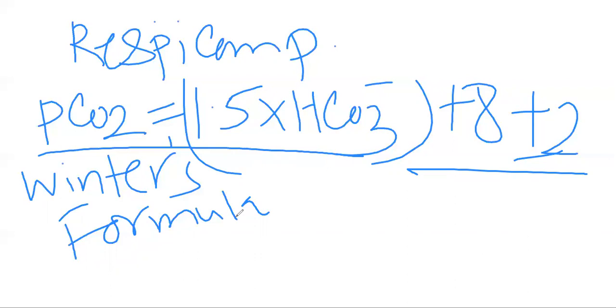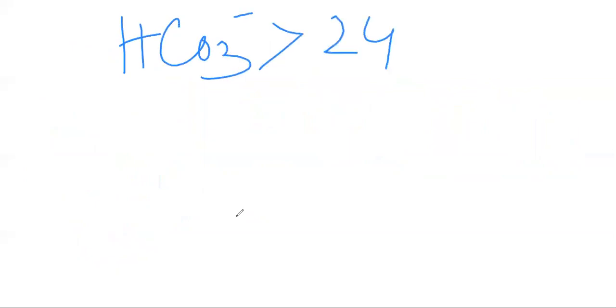This is the thing. Similarly, when you get a respiratory acidotic situation and you check the bicarbonate level, that should be more than 24 milliequivalent per liter. It can be either renal compensation or it can be due to a secondary disorder.